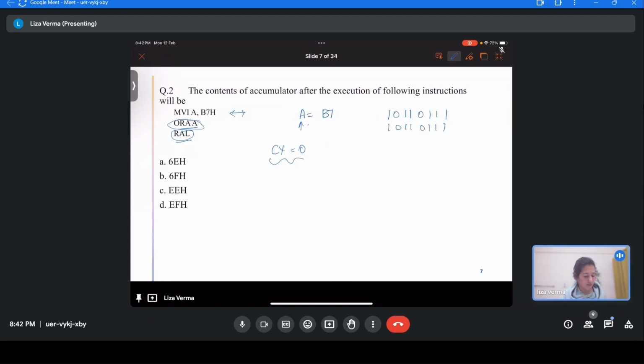So we know after this instruction the carry flag is 0, the carry bit is 0. What will be the contents of the accumulator after this RAL then?